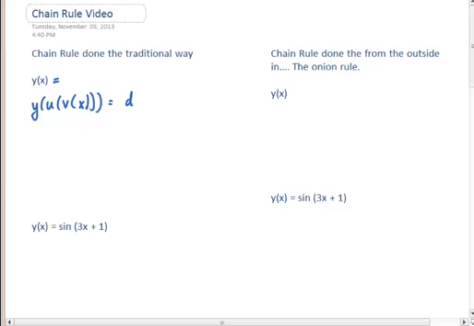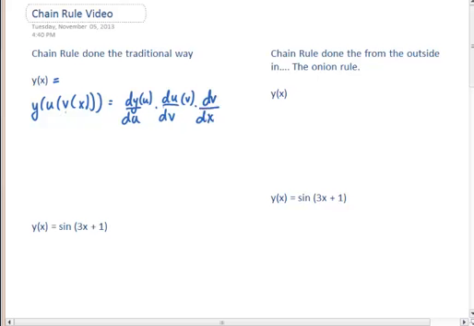want to find its derivative, you start from the outside. You take the derivative with respect to u, evaluated at the inner, times the derivative of u with respect to its inner, with its inner function plugged into it, times the derivative of its inner with respect to x.